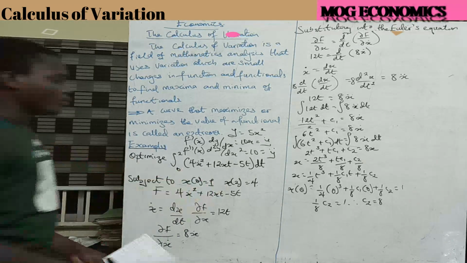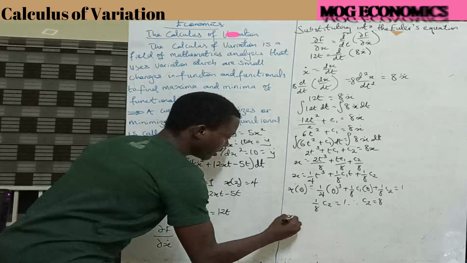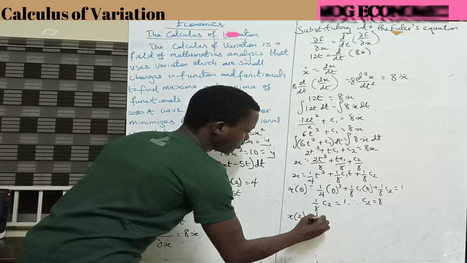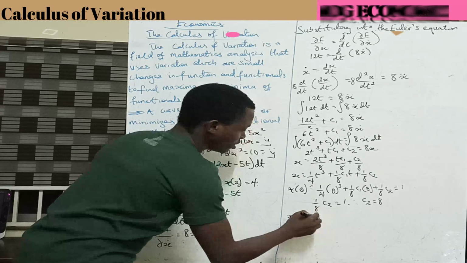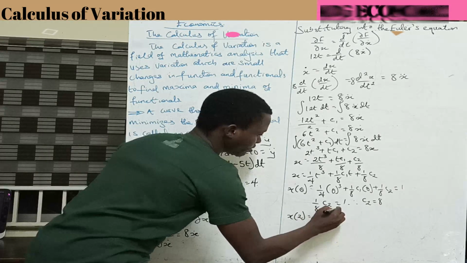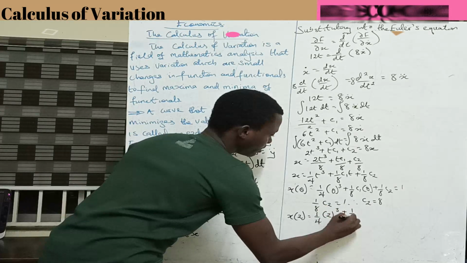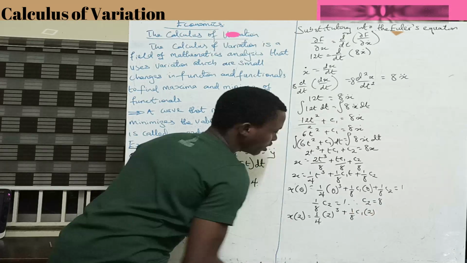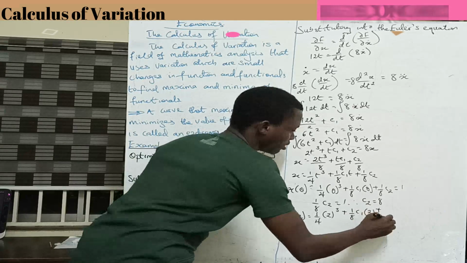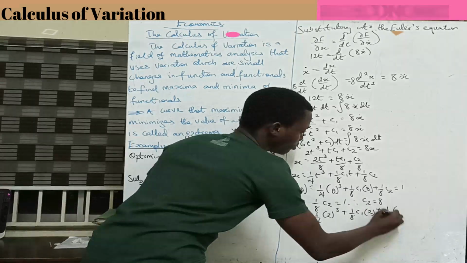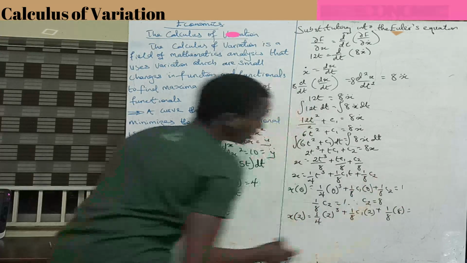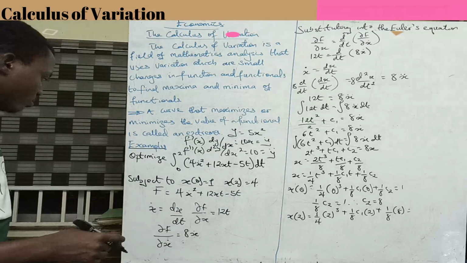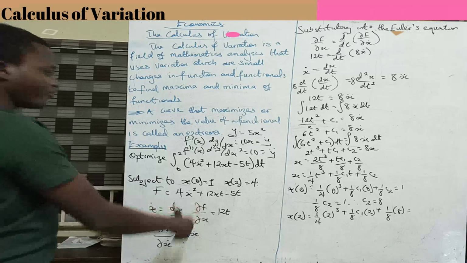Now the next one is x2. When t is 2, x equals 4. We come back here, so we have 1 over 4 times 2 raised to 3 plus 1 over 8 c1 times 2 plus 1 over 8 multiplied by 8, since c2 is 8, equals 4.